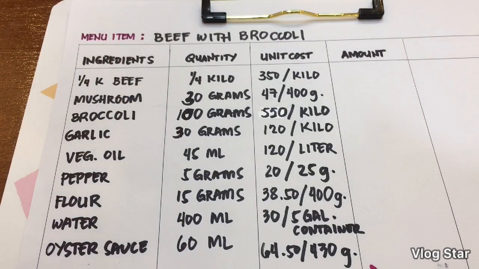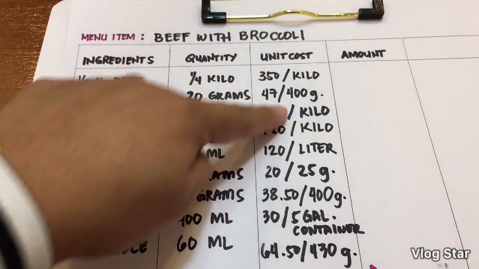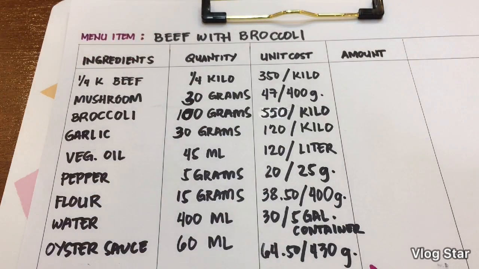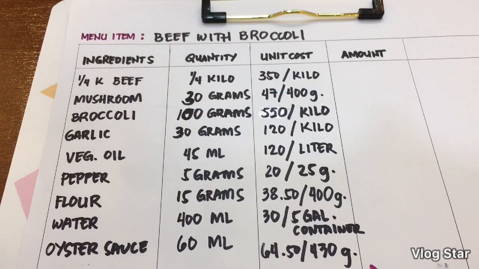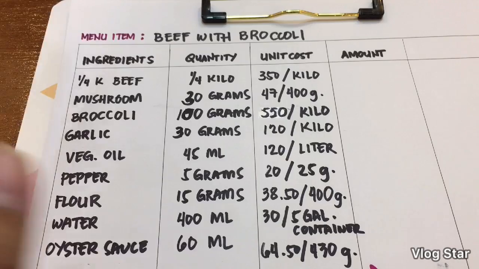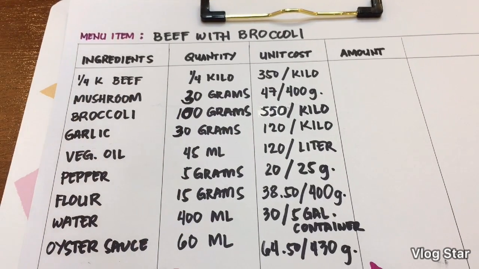Okay, so for direct suppliers, mabibigyan nila kayo ng mas mababang presyo than all of this. So, yan. Retail kasi to, kaya definitely mas mataas siya. And then, this is for sample computation purposes only. So, yun muna yung mga disclaimers ko.